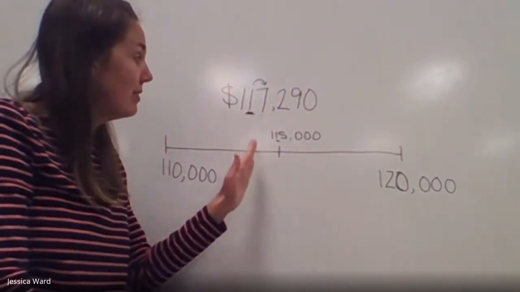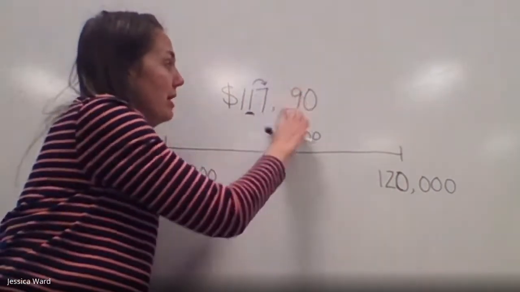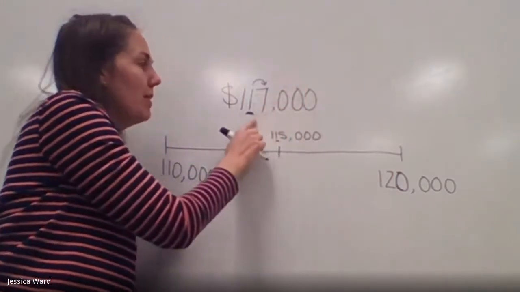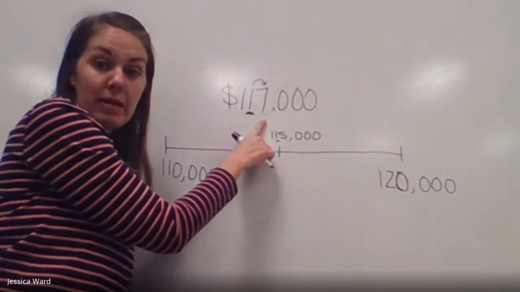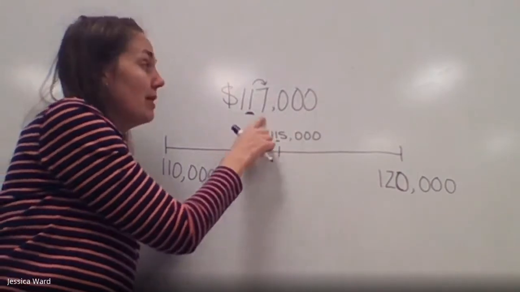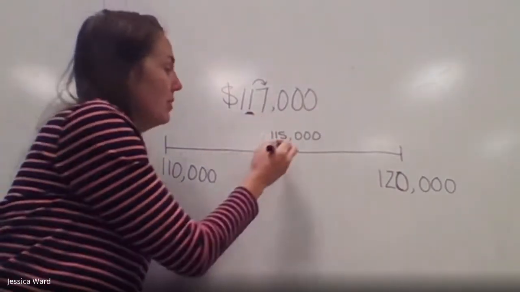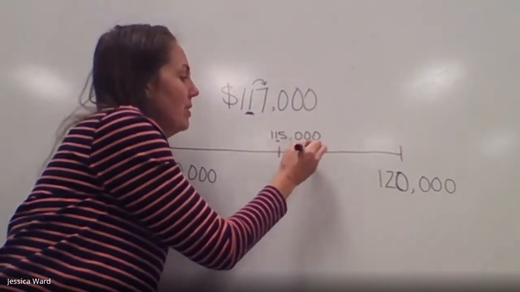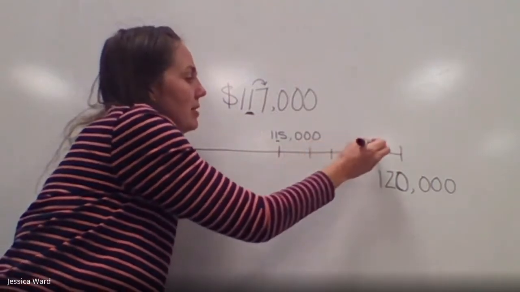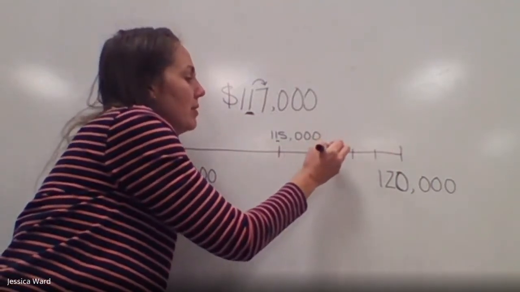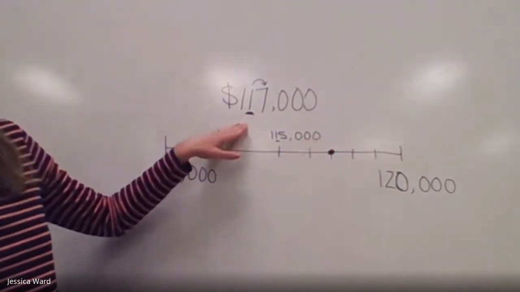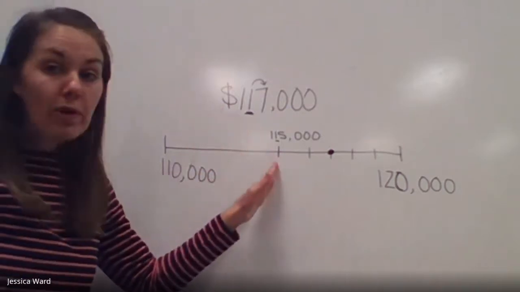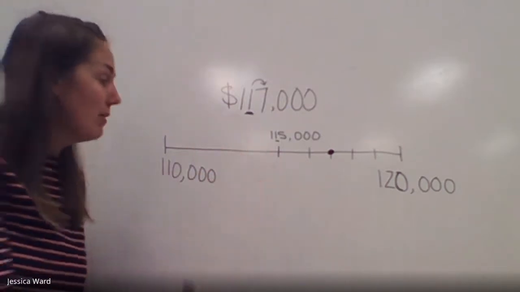So 117,000, I'm going to just pretend that these other numbers are 0 for right now because all I'm worried about is my 10,000s and my thousands place. So my thousands place is more than 5. So if I were on my number line, it would probably be 115, 116, 117, 118, 119. So right about here would be my 117,000. So that's more than 115,000. So we would round it up for Mia.